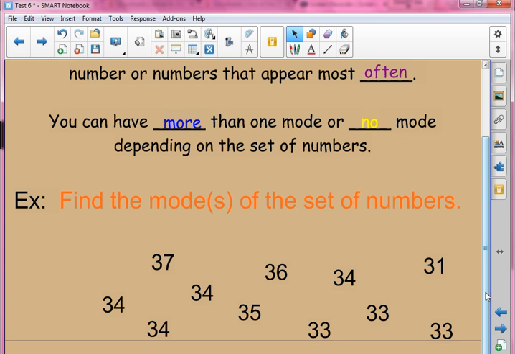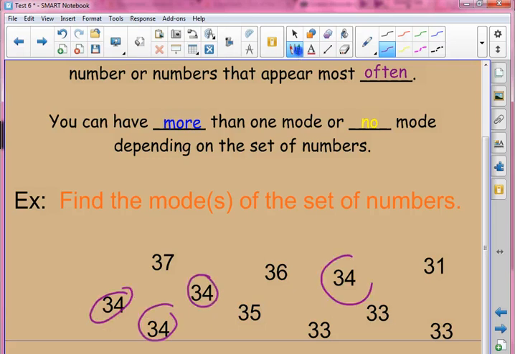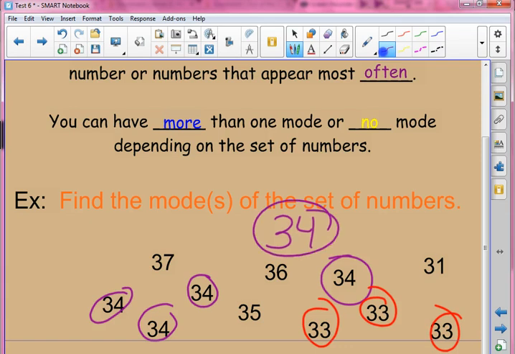So find the mode of the set of numbers. I have 3 34s. Oh, 1, 2, 3, actually 4 34s. And I have 1, 2, 3 33s. So the mode is 34 because that's the number that occurs the most often. Mode and most sound the same.